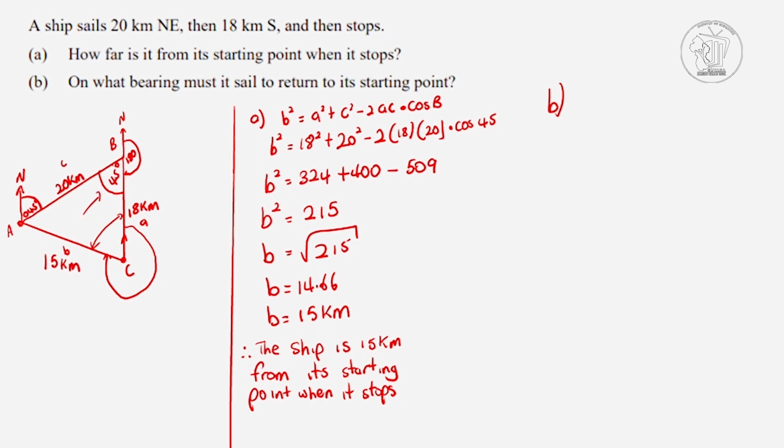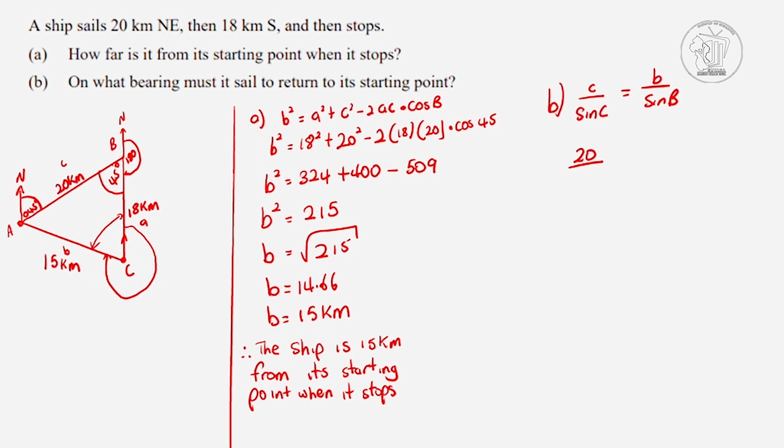If we can find this angle in between here, we can use that to get the bearing. We have this angle here and we have all the sides, so we just have to find one angle. That means we can use the sine rule. Since we want to find angle C, we can say C over sine C is equal to, and we know angle B and side B, so B over sine B. We put in all the things that we know and we should have just one unknown remaining.